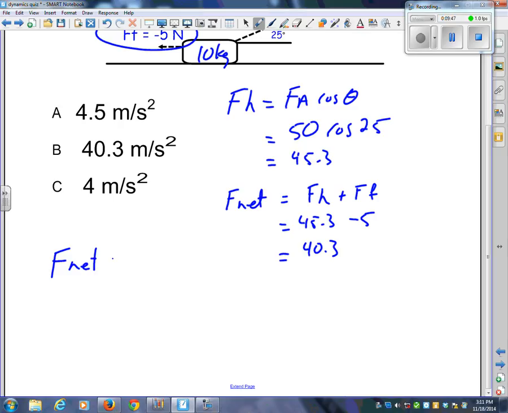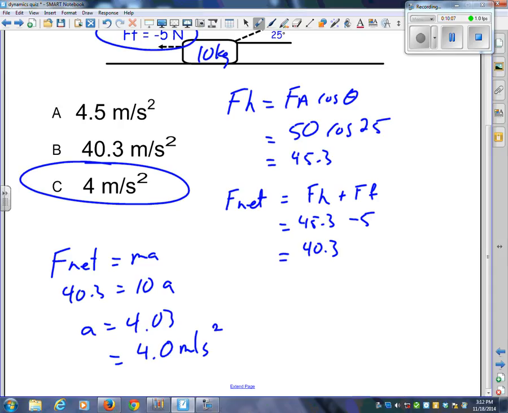F net is equal to MA. 40.3, mass is 10. Divide by 10. 4.0. I guess 4.03 to 1 decimal place would actually be 4 meters per second squared. And there's no checkmark there. There's no mark.